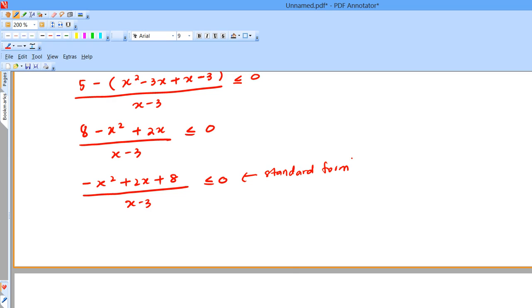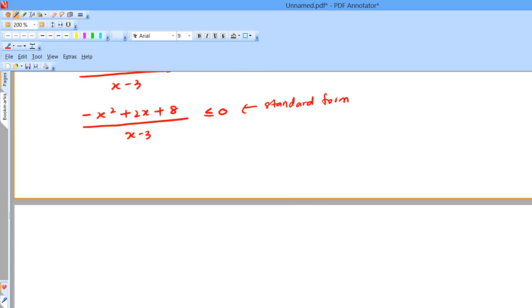To find critical values, we set the expressions in numerator and denominator equal to 0. At the numerator, we have a quadratic. To find the value of x, you can either factorize, complete the square, or use the formula. For this problem, we can factorize the numerator.